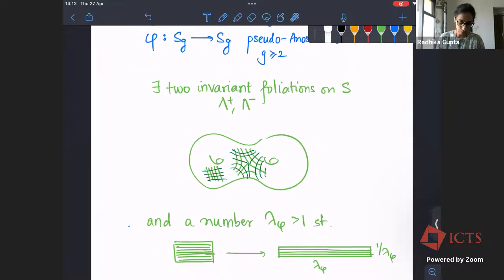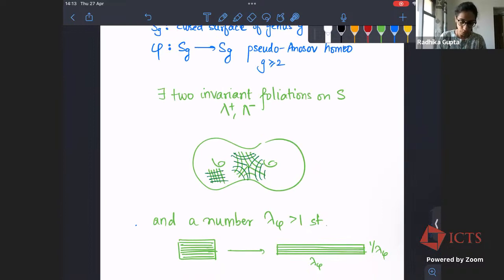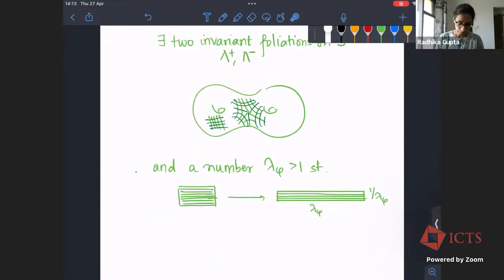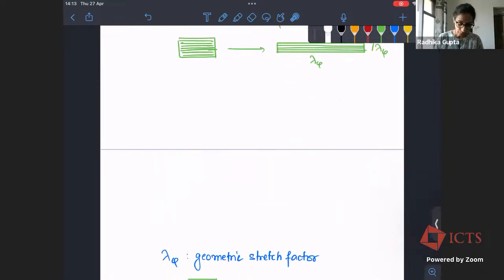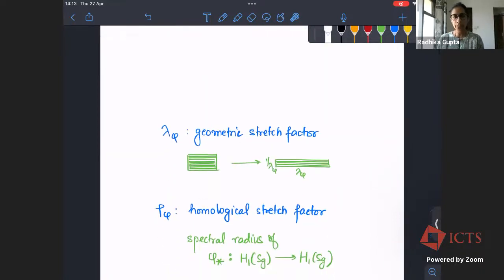So this is the definition of this kind of surface homeomorphisms. I'm considering these particular surface homeomorphisms, which have 2 invariant foliations, which I call stable and unstable foliation. One of them gets stretched, the other one gets contracted by the same number, lambda phi. I call this lambda phi the geometric stretch factor because it's stretching my surface.